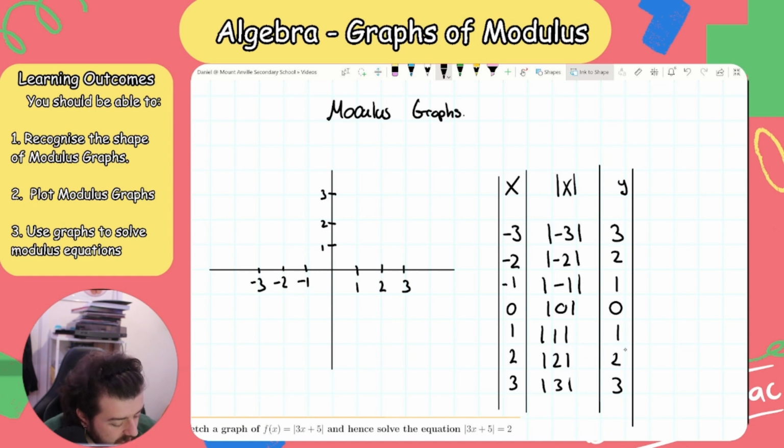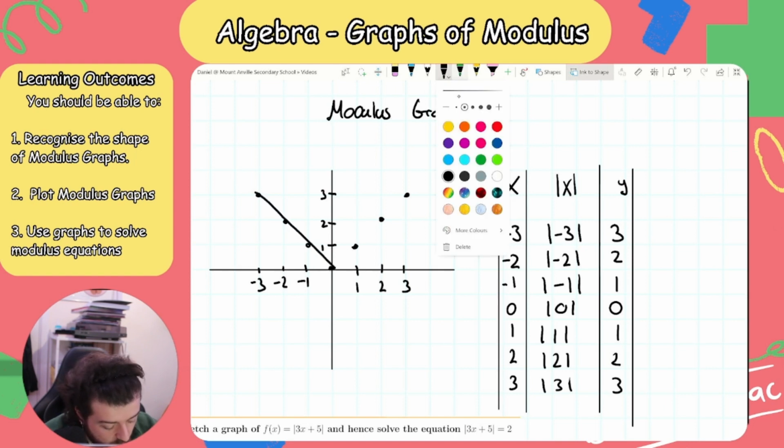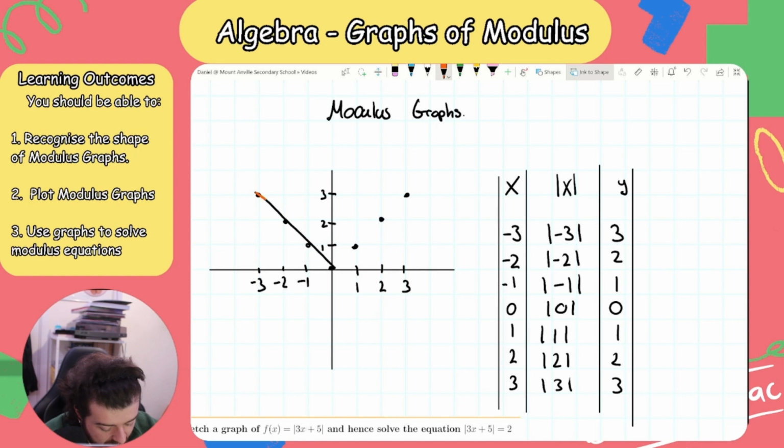As you see here, I have no negative values. If I plot these out: minus 3, 3; minus 2, 2; minus 1, 1; 0, 0; 1, 1; 2, 2; 3, 3. We never go below the x-axis.